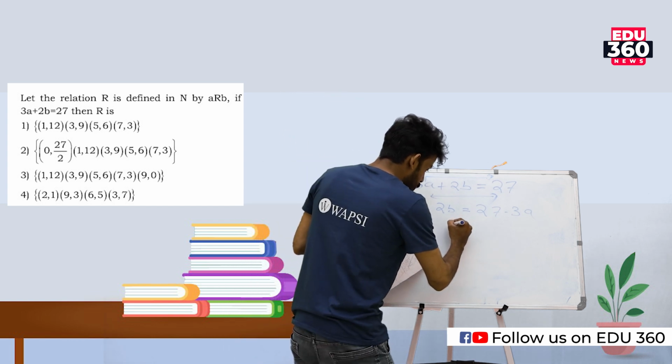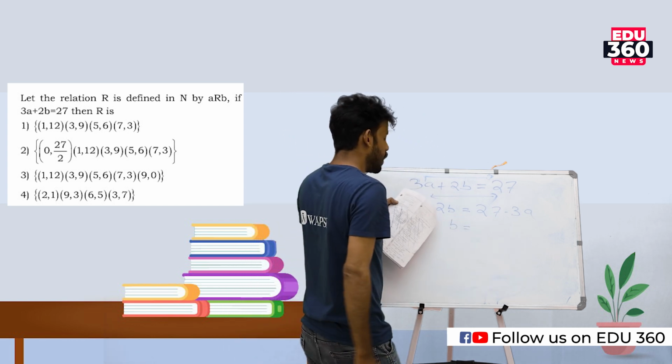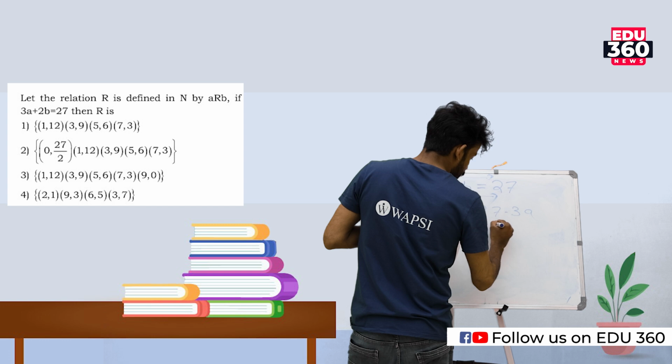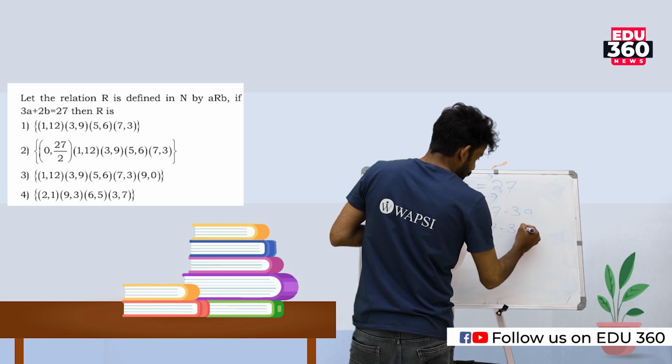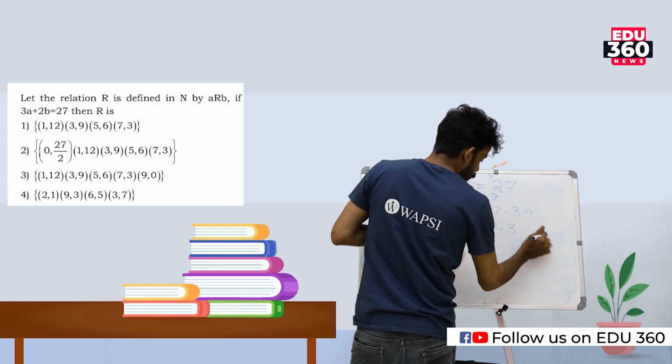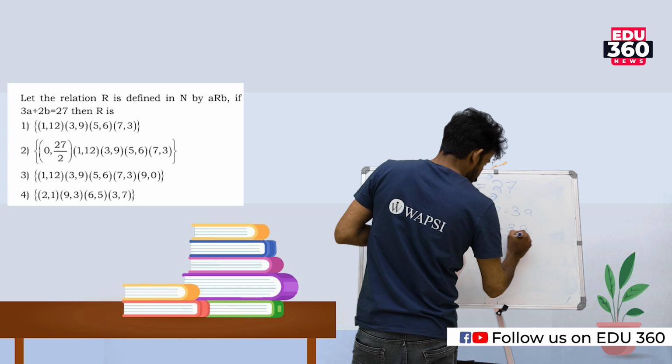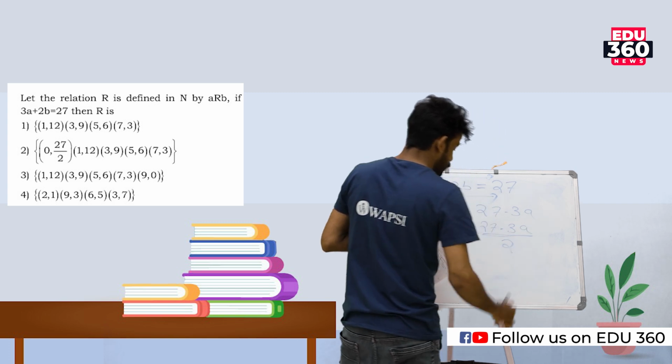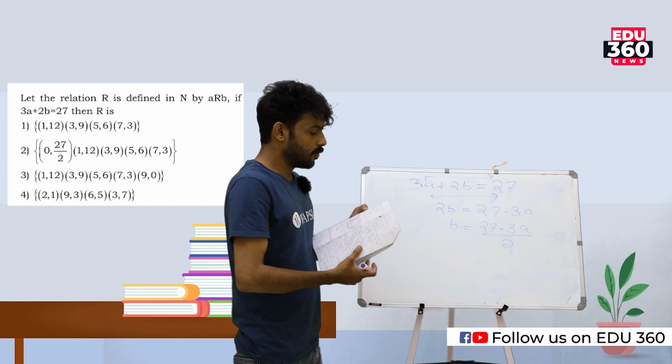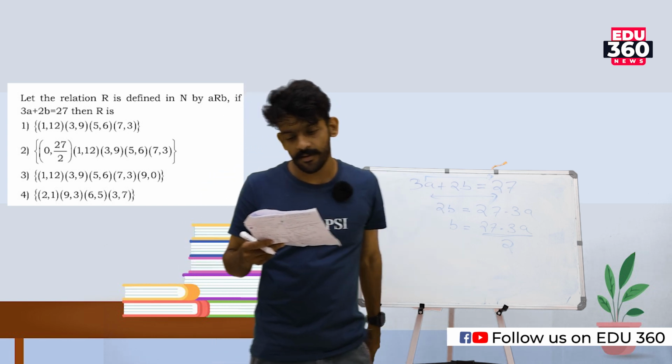So from this we can write b is equal to 27 minus 3a divided by 2.